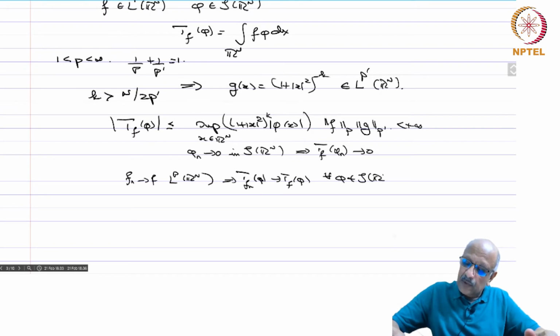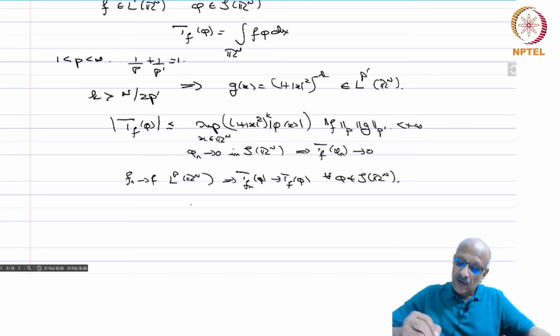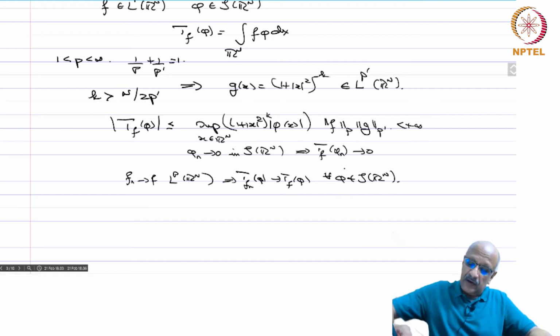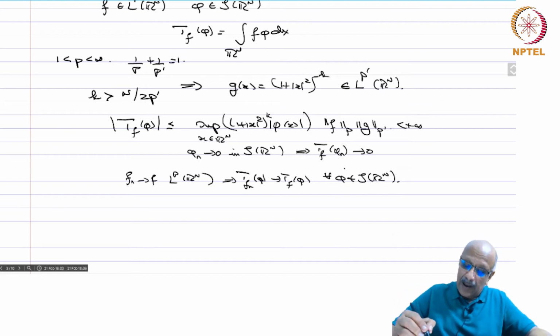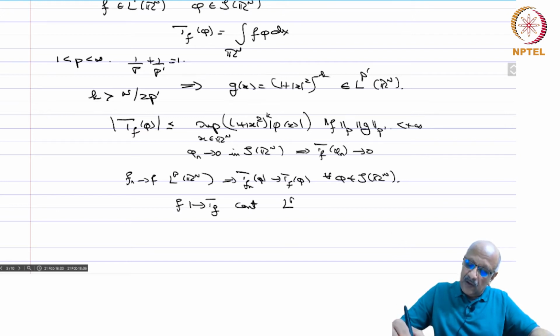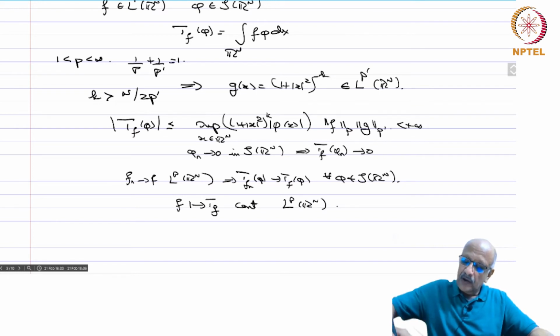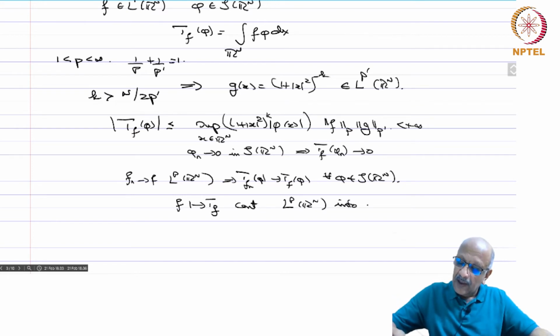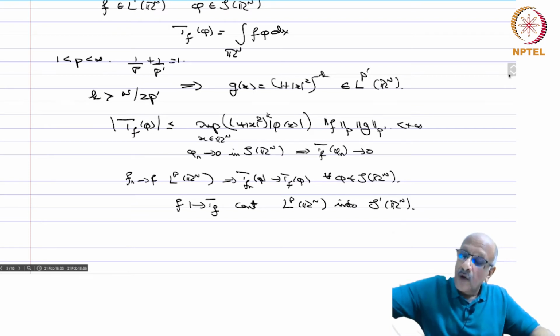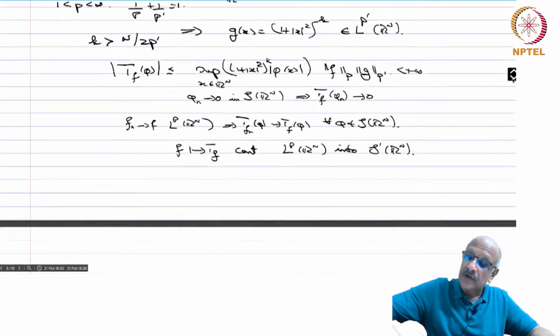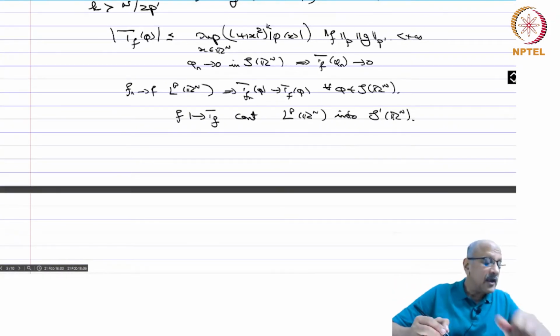And this is the sequential continuity which we will use for the linear maps, as we already said, on the Schwartz space. Therefore, you have that f going to T_f is continuous from L^p(R^n) into S'(R^n). Okay, so you have that all L^p functions are in fact in S'(R^n).